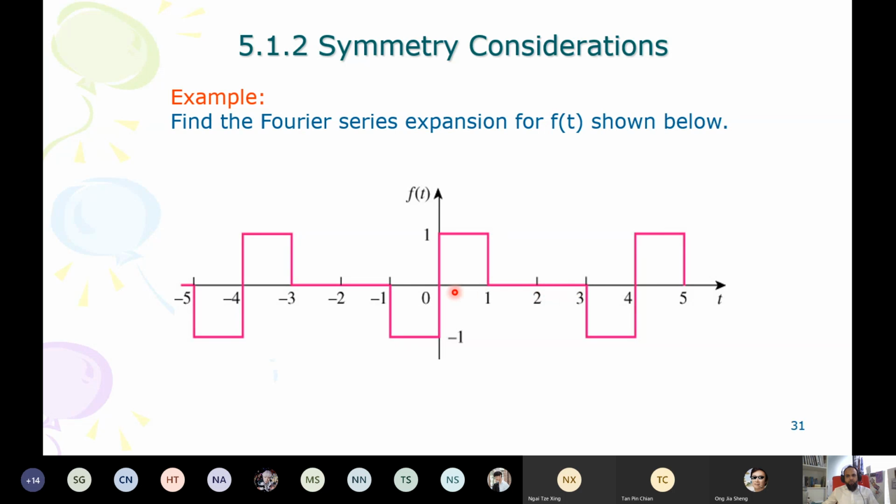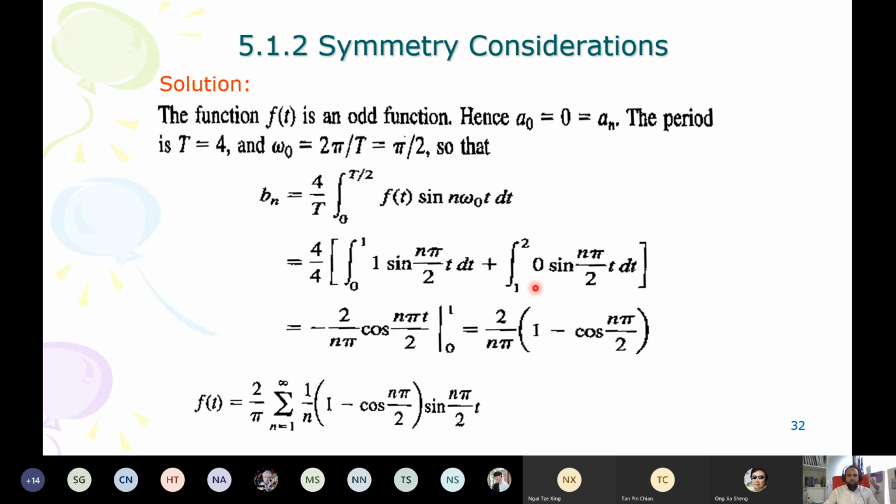Okay, the period is 4, by the way. The period is 4, but we just need to do it from 0 to 2, so T by 2 is 0 to 2. So we split between 0 and 1 and 1 to 2 because the values are different, 1 and 0. And we just integrate and find the values.